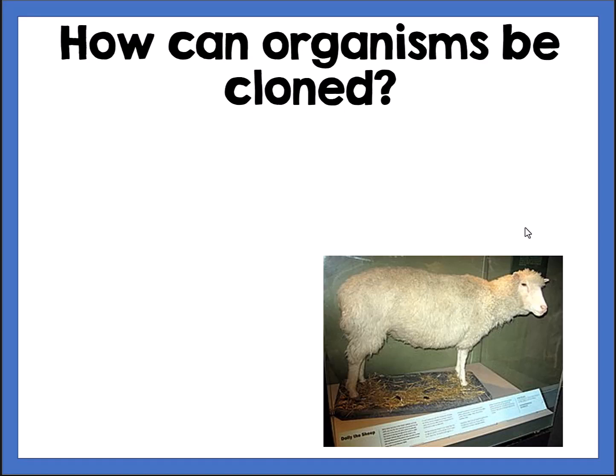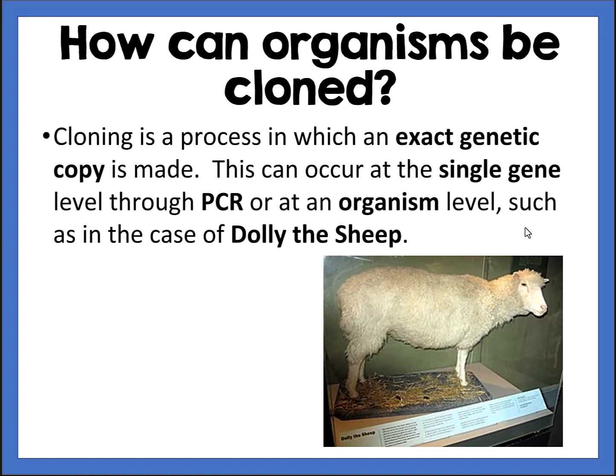One of the ways that we test the processes of changing genes is through cloning. Cloning is a process in which an exact genetic copy of an organism is made. This can occur at the single gene level through PCR, so PCR is technically cloning, or at an organism level, such as in the case of Dolly the sheep.